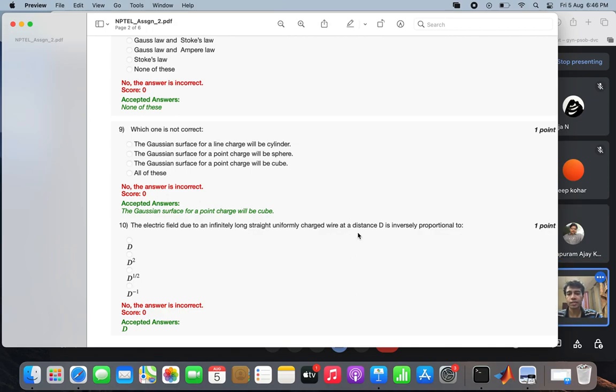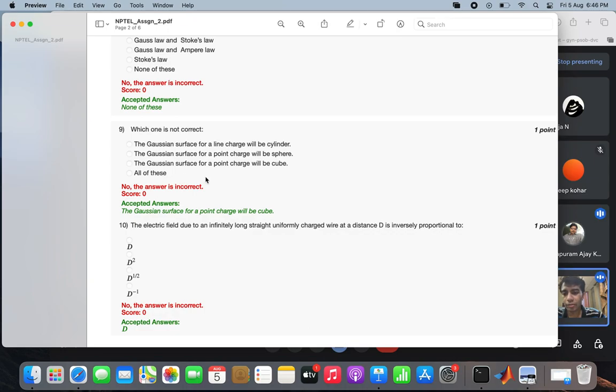In some sense, a Gaussian surface cannot have holes, or a U-shaped structure, because if it has a U shape, for example, then the electric field can pass through it more than once.